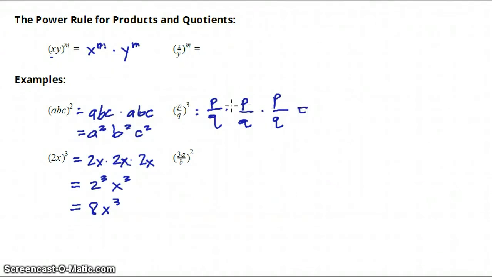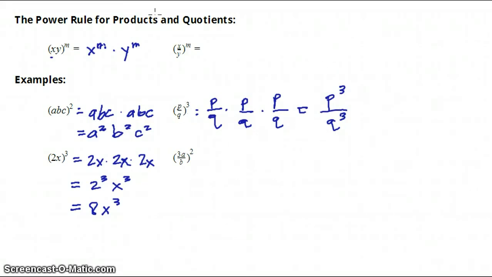And if I were to put that back together, I would have p to the third power over q to the third power. And that's the power rule for quotients. I'm going to take that exponent and apply it to both the numerator and the denominator.